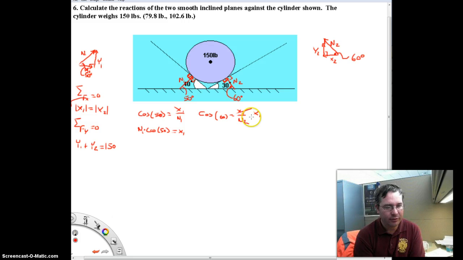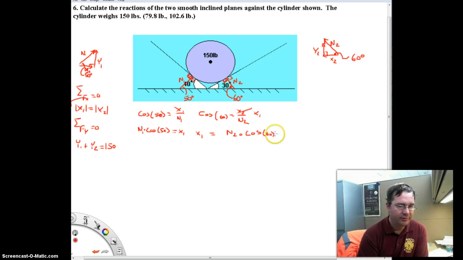And then I'm going to multiply both sides of this formula by N2. So I'm going to rearrange things a little bit. I'm going to put the x1 on the left side, and I'm going to say equals N2 times cosine 60. But notice what we have here now.